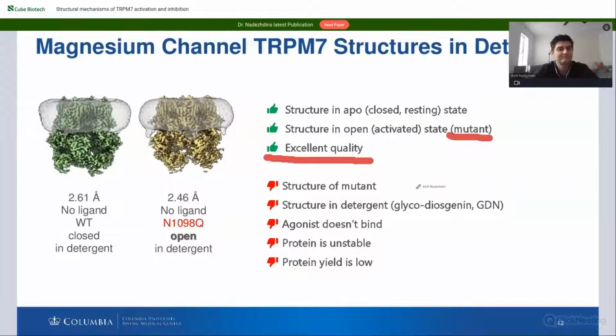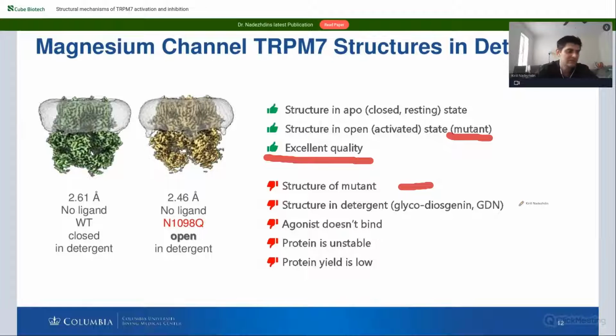Actually, we have some not very good results. We obtained the structure of the open state for the mutant, so can we do this without mutation? We also obtained the structure in detergent. Specifically for this project, we used a detergent called GDN.